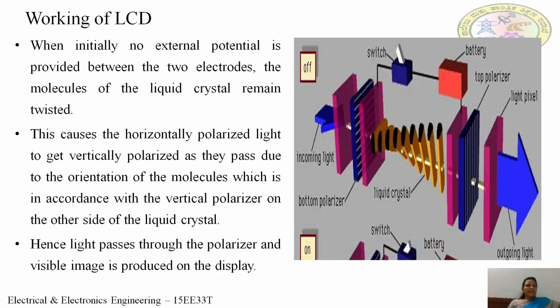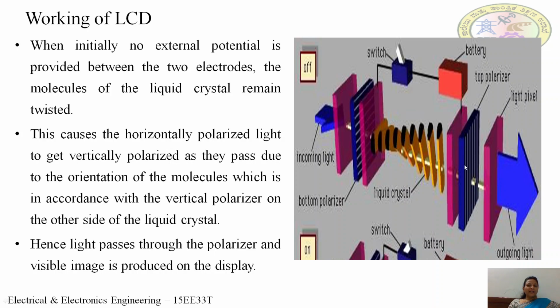So in the beginning, when there is no external potential applied between the electrodes, as you can see, this is the battery and this is the switch. This is the liquid crystal, where the molecules are naturally twisted. On one end, the molecules are vertical. On the other end, they are horizontal.